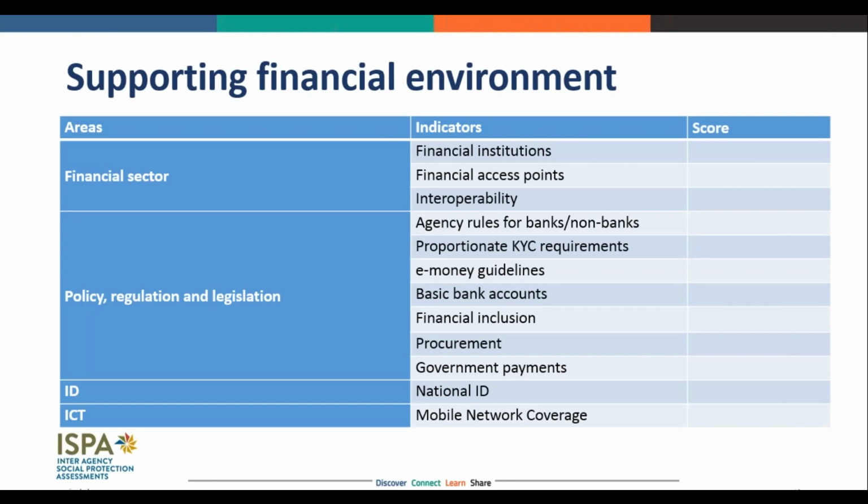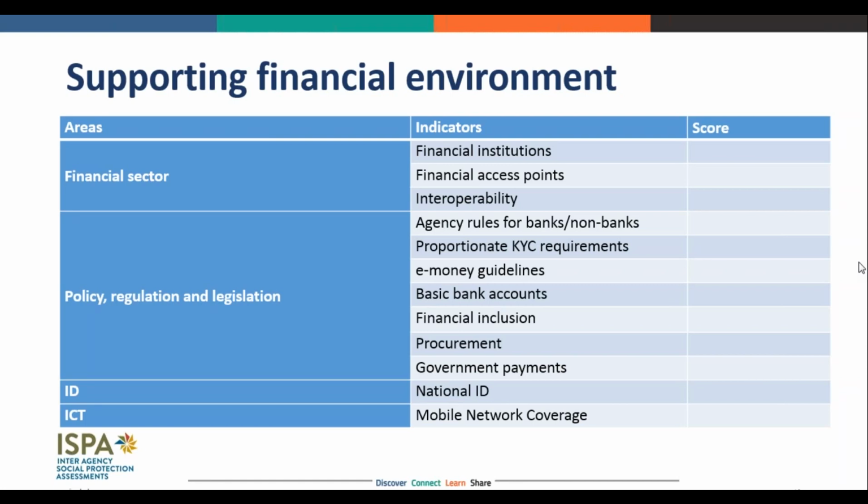Financial inclusion, the level of financial inclusion as defined by the International Survey Findex, and also looking at government strategy, how supportive they are of financial inclusion. Procurement rules are very important as well, understanding whether procurement rules may undermine or support a social protection program if they're thinking about procuring a payment service provider. The issue of government payments is really one of economies of scale.